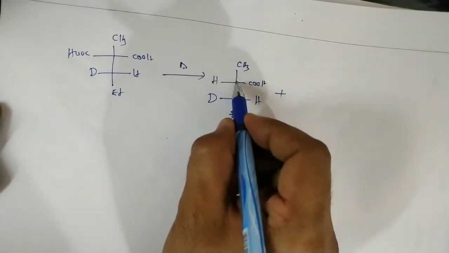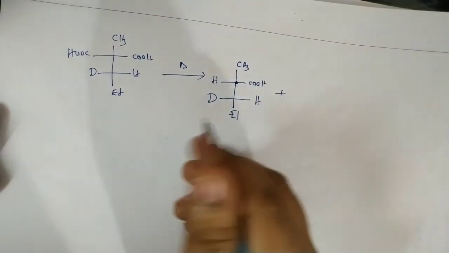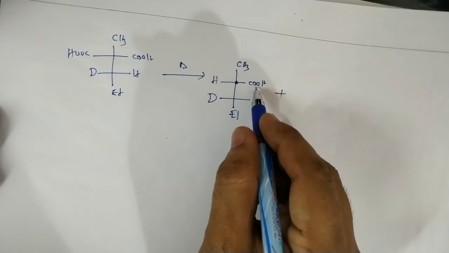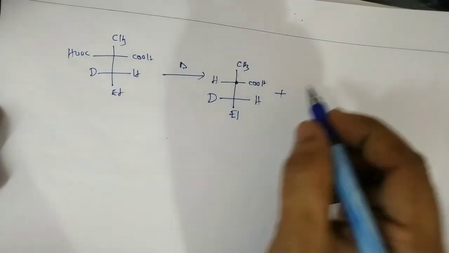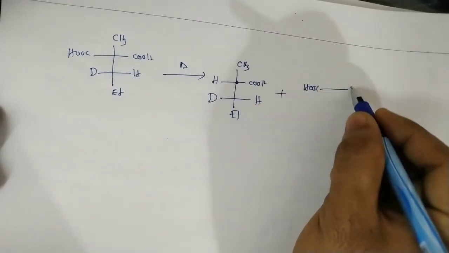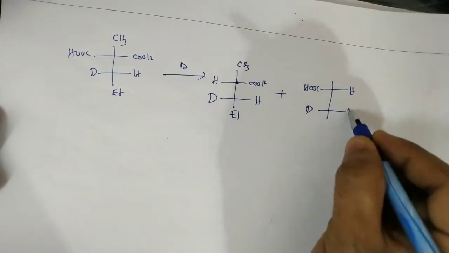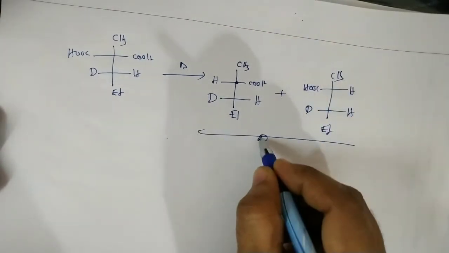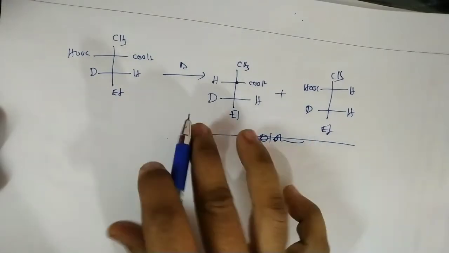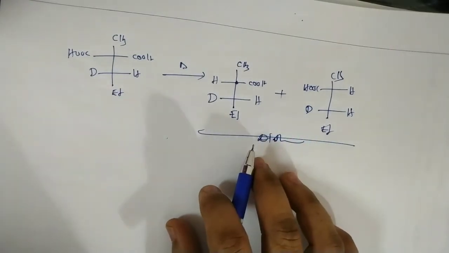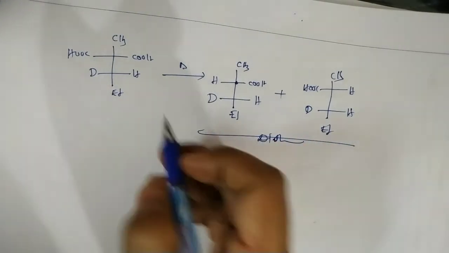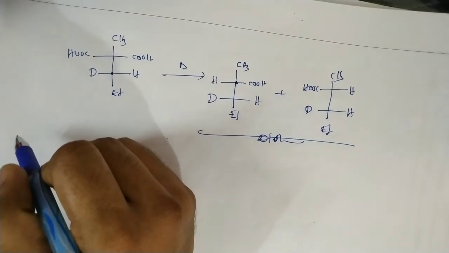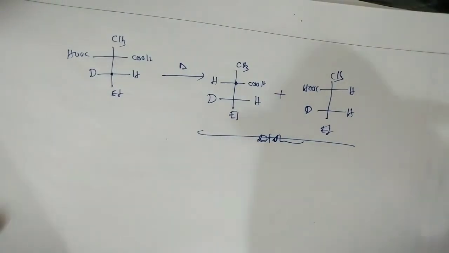Through the enol form at this carbon, either form is possible. That means COOH may come to the right side or COOH may come to the left side. The relation is diastereomers, because these two are non-mirror images, so diastereomers are possible, because this chiral carbon configuration is fixed. Okay, that's it.